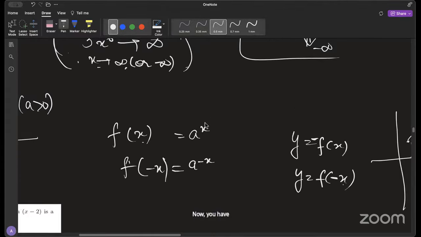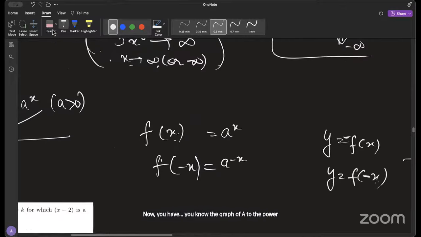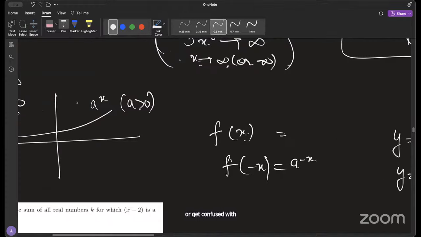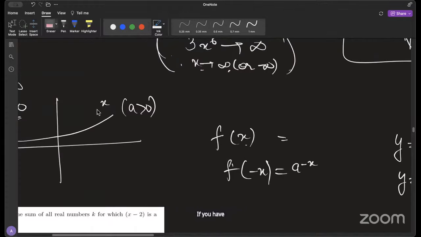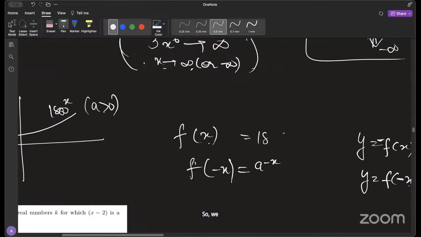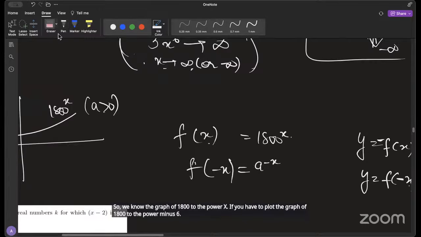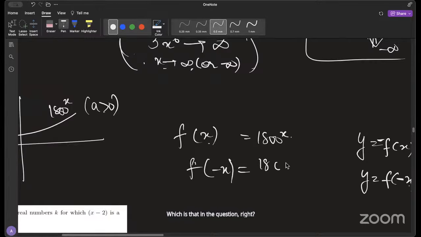Now you know the graph of a to the power x, or in simple words, let's not get confused with symbols. Let's take 1800. This is the graph of 1800 to the power x. If you have to plot the graph of 1800 to the power minus x, because that's in the question, right?